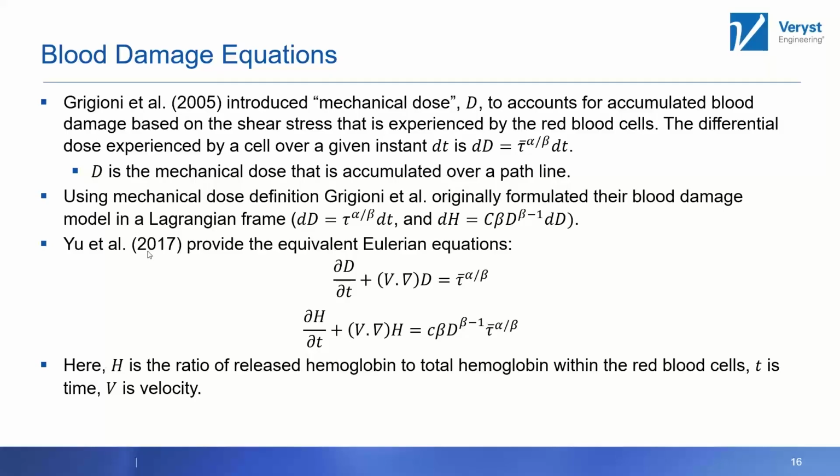I should add that in the paper published by Yeh in 2017, there was a mistake in deriving this equation. It was a minor mistake, but there was a mistake, and he solved wrong equations. These are the right equations to solve.